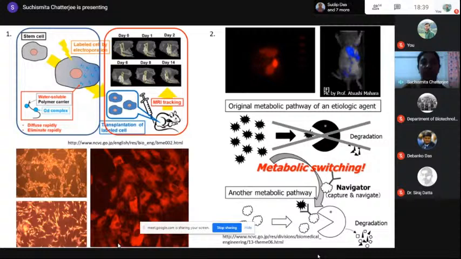Another study is developing a navigator molecule by synthesizing a protein which targets the liver cell. We capture the protein which is present at the blood level, and we just capture this protein from the bloodstream and regulate it to the liver, so that this protein's concentration can be reduced in the blood.